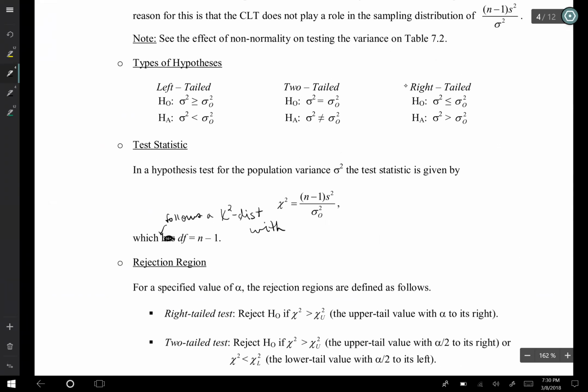This is important. It's in the notes, and it's in the book. But the WebAssign group that made the problems for some reason did not include a problem on a single variance. So I put in a practice problem that I think y'all should go through. It deals with a confidence interval, and a hypothesis test on a single population.